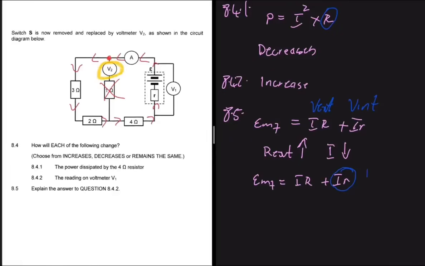So we're saying that V internal is going to decrease. But at the same time, EMF cannot go up or down. It remains the same, right? So if V internal decreases, then we need V external to increase, right? And V external is being read by voltmeter V1, right? So that is exactly why we're saying that the reading on voltmeter V1 is going to increase.